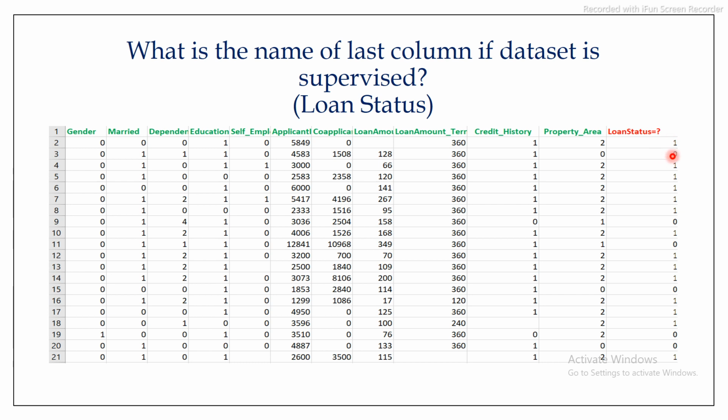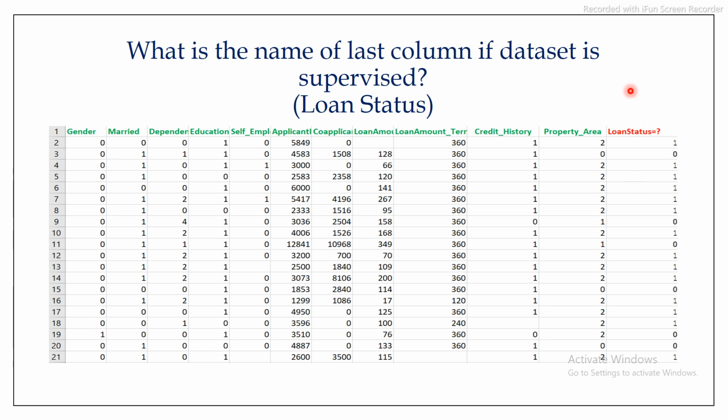So this is a supervised data set. From this, the features are input and loan status is output. Both are synchronized: for every single input you have some output. So the data is supervised.